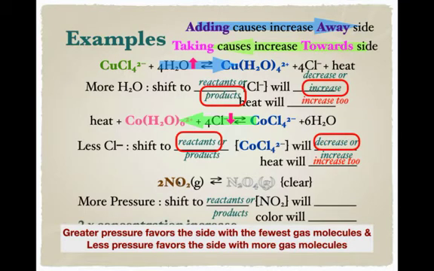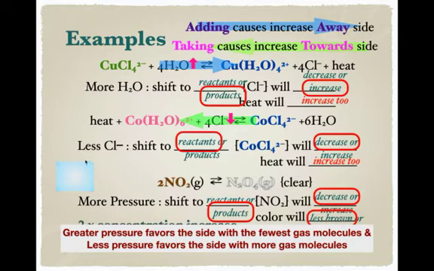And so which way will I go? I'll go towards my products when I increase pressure. I'll show you a little figure over here to help you. If I'm going to our products, what will happen here? That'll decrease, and the color will get less brown because this was brown in color.